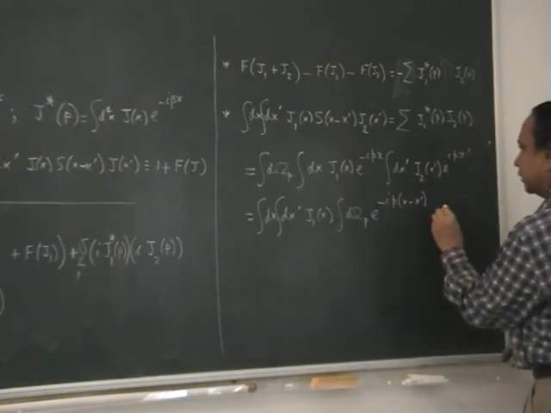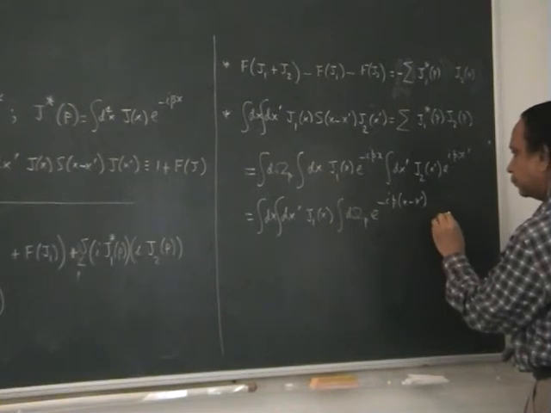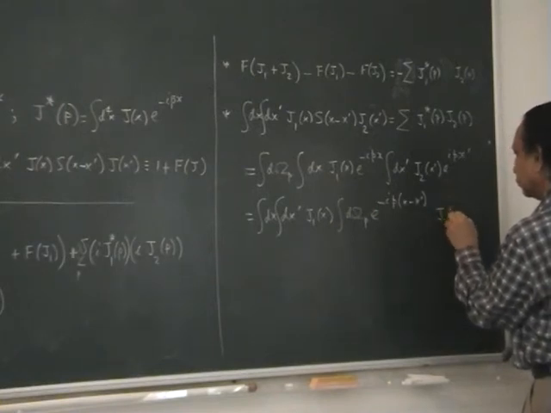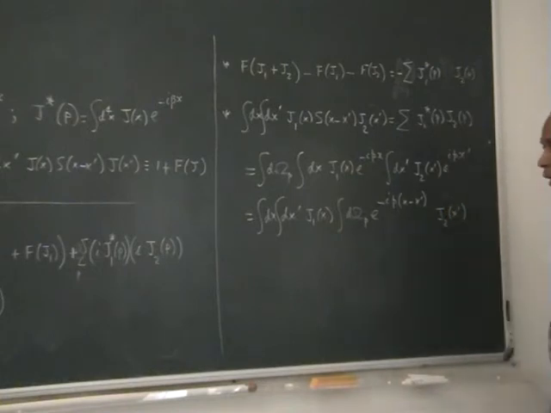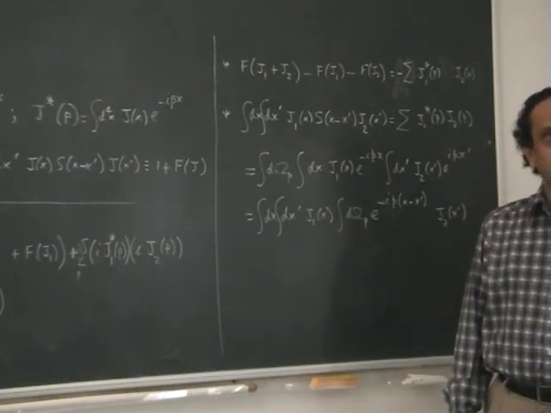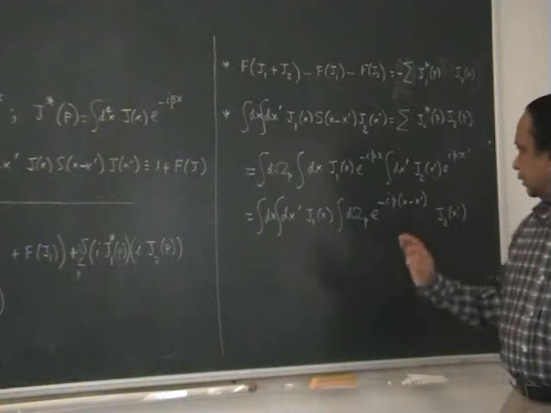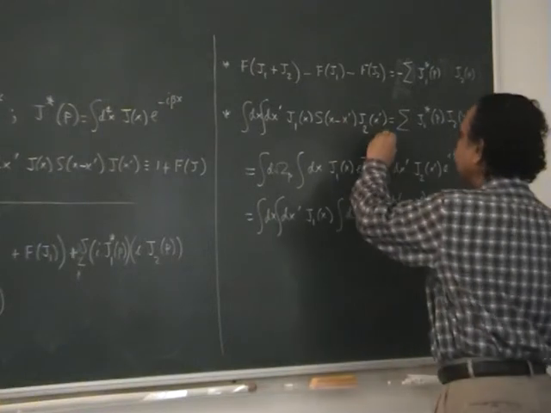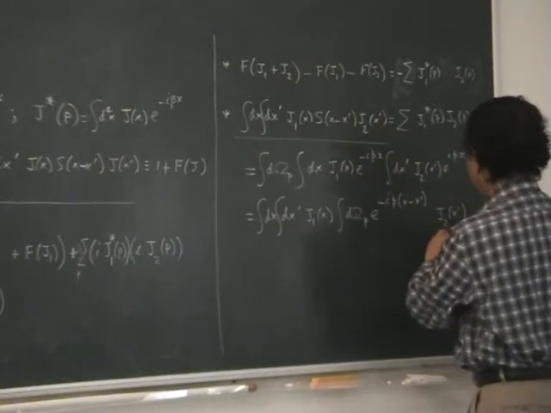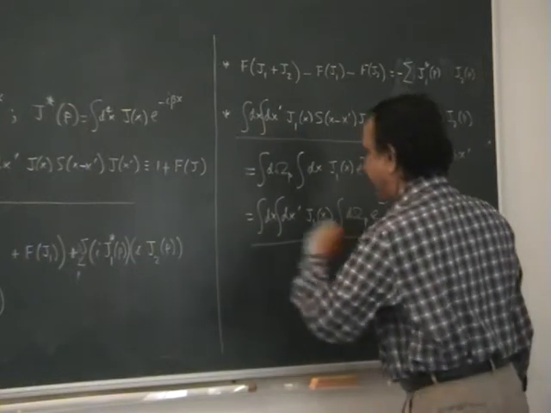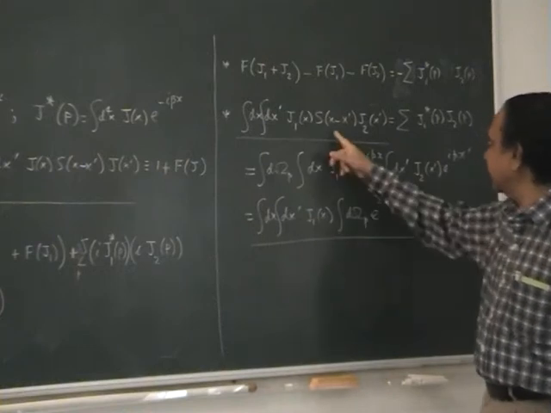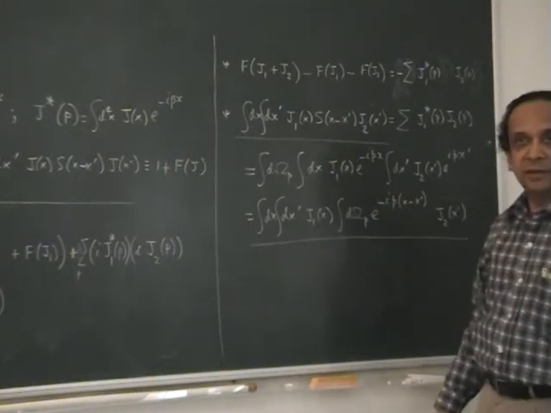Then integral j2 of x prime. This is what we have. Okay. So now I can immediately read off what is S because you compare this with this. So there is a dx prime, j1 of x, j2 of x prime, S of x minus x prime being equal to this.